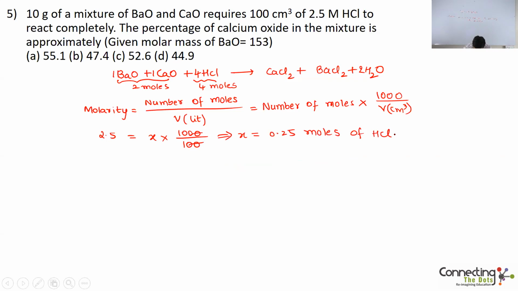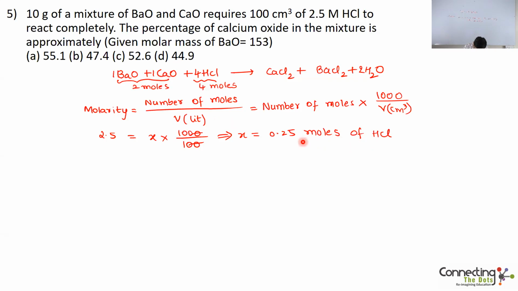So from the ratio, you can say how many moles of barium oxide and calcium oxide are present. If 4 moles of HCl are present, it will react with 2 moles of the mixture of barium oxide and calcium oxide. Similarly, if 0.25 moles of HCl are present, the ratio is like 2:4, so it will be basically half of this.